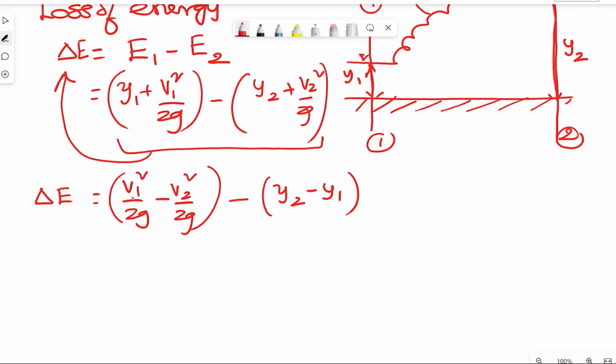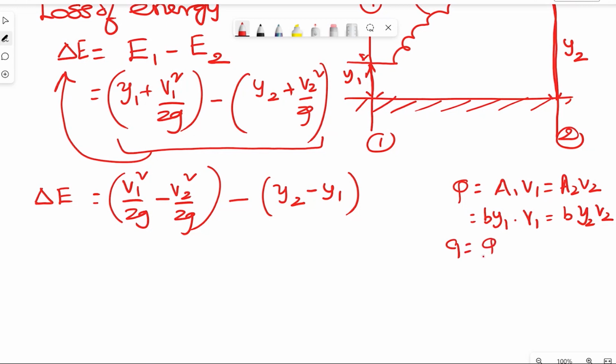Then, Q is equal to, you know that A1 V1 is equal to A2 V2. So A is equal to B y1 into V1, which is equal to B y2 into V2. So if I write small q is equal to capital Q by B, it is y1 V1 is equal to y2 V2.